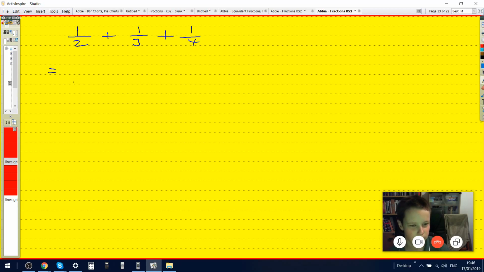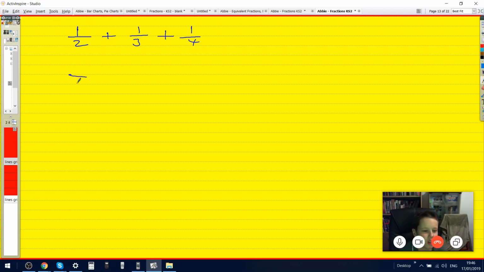Well, for starters, you would need to make the denominators the same. So you would need to work out the smallest number that all 3 numbers go into, and that is 12, I think. Yeah.